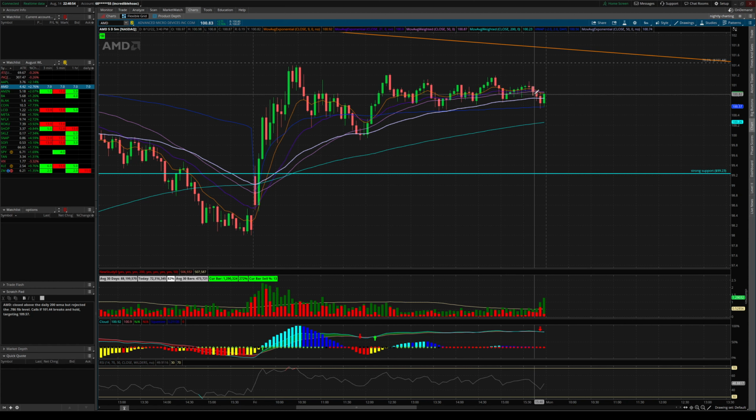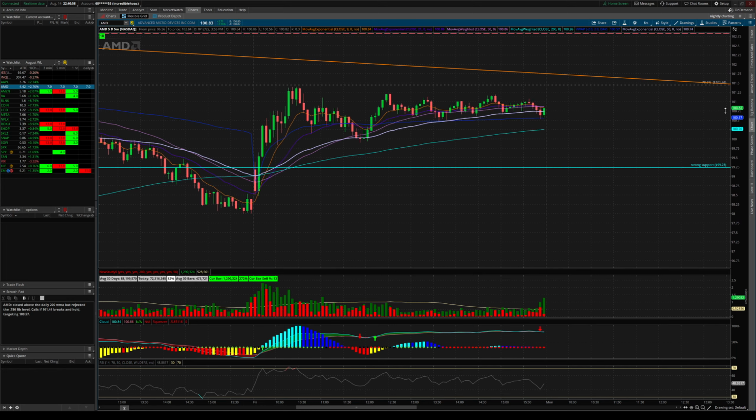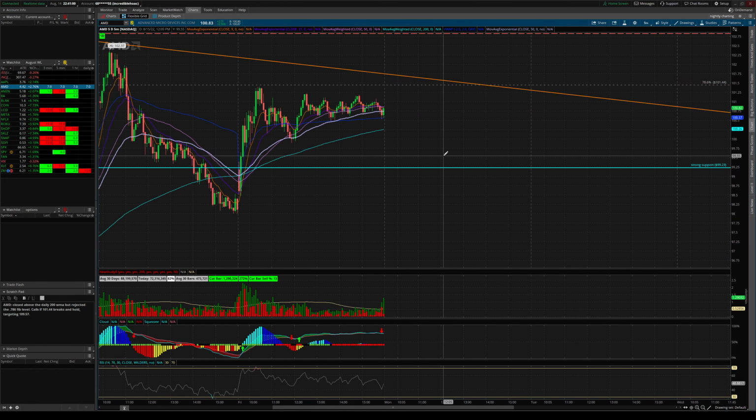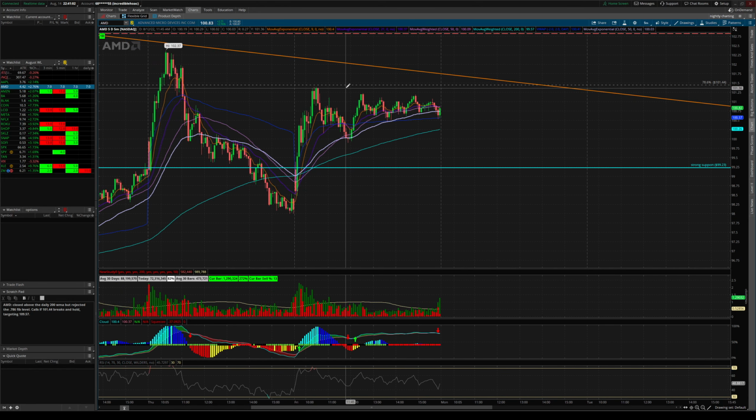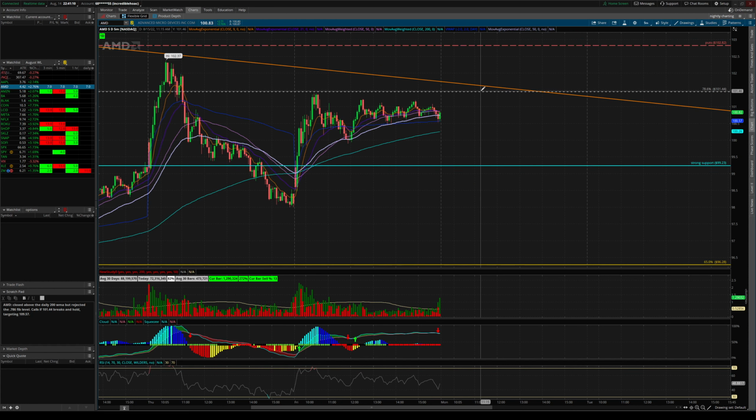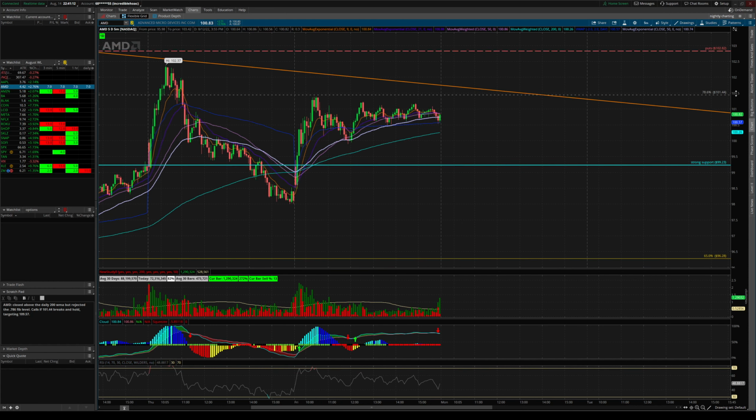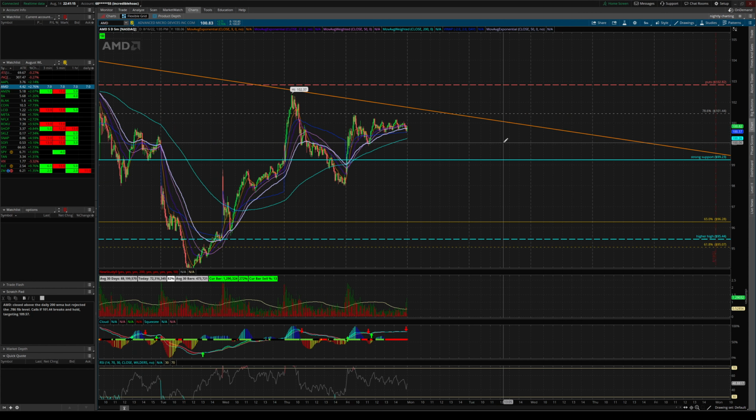This squeeze and consolidation is accumulation so that we can make that next move higher. I mean, we can still break down, but this is one of the patterns I do look for, which is an ascending triangle, right? And this is something that I'll look for 101.44 to break and hold in order for us to go long. All right, so AMD is on the list.